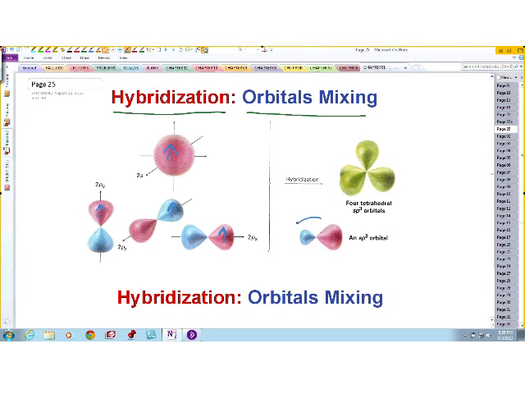This brand new set of orbitals is what we call sp3 hybrid orbitals. The shape of each sp3 hybrid orbital is completely different from the original shape of the p orbitals or the s orbital. Now you have 1 electron in each one of those sp3 hybrid orbitals.